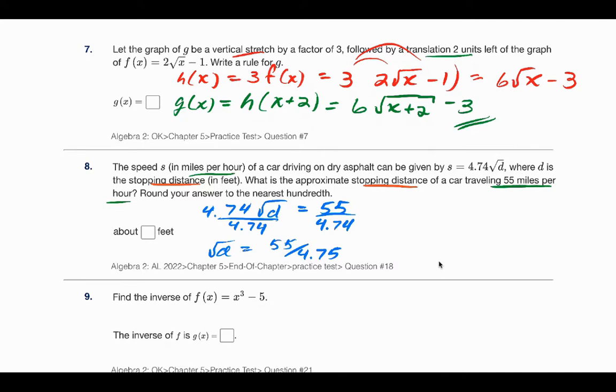So now remember, to undo a square root, I'm going to square it. So if I square one side, I'm going to square the other side. All right? So I just told you the square gets rid of a square root symbol. So we're going to have d is equal to, now we're just going to have 55 divided by 4.74, and whatever that answer is, we'll square it.